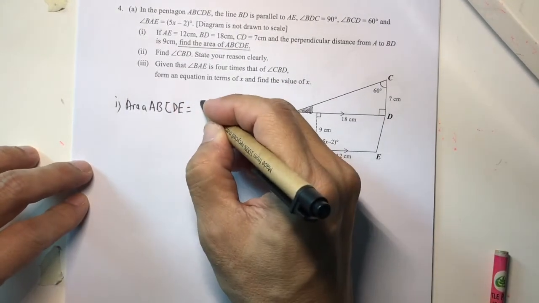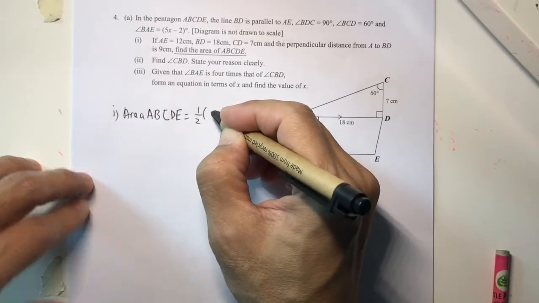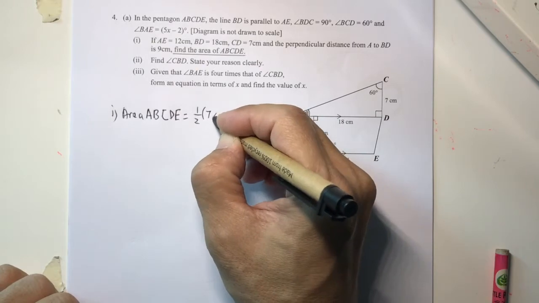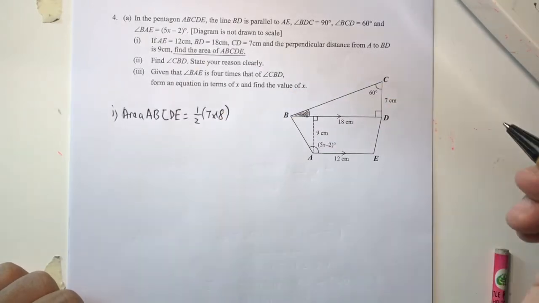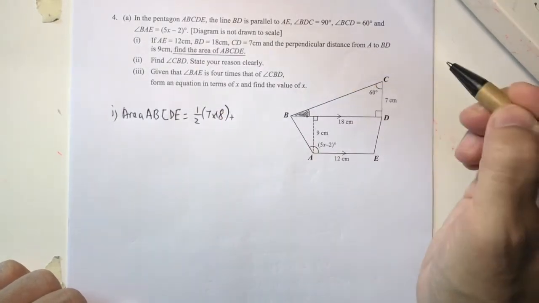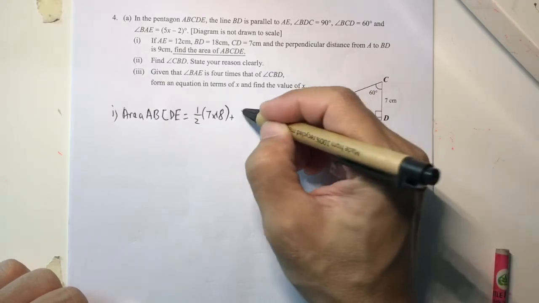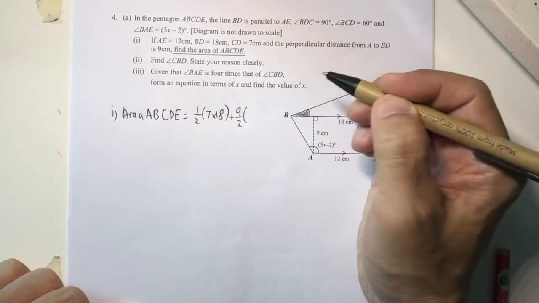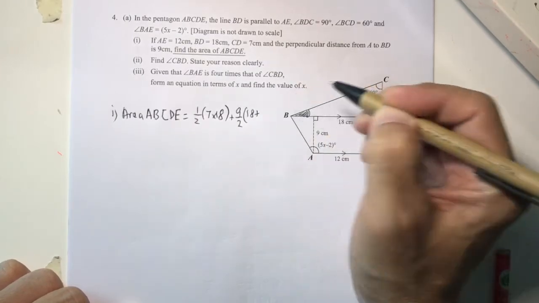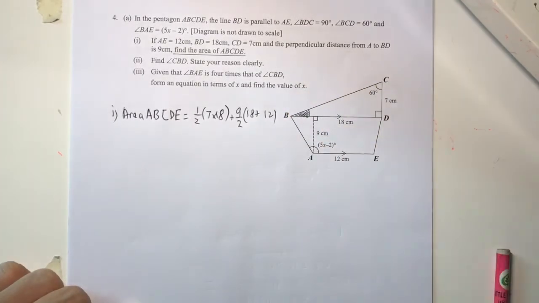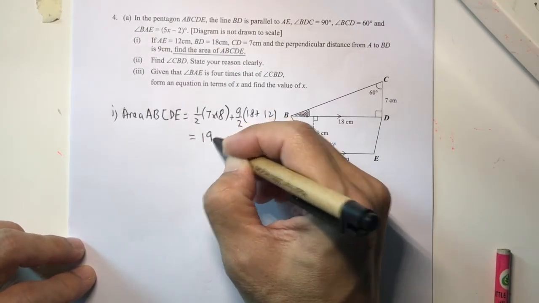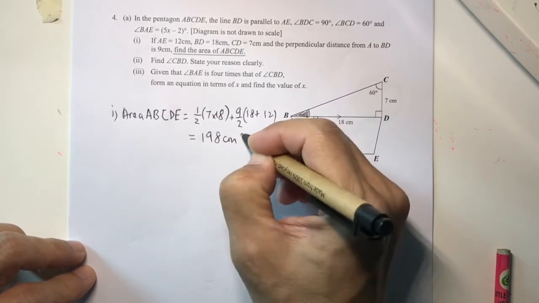Okay, area of the triangle is half base times height plus the area of the trapezium, which is half the height times the sum of the parallel sides. And this works out to be 198 cm square.